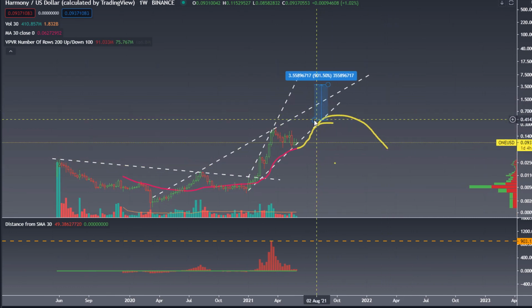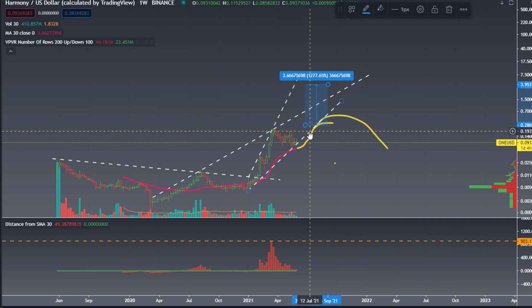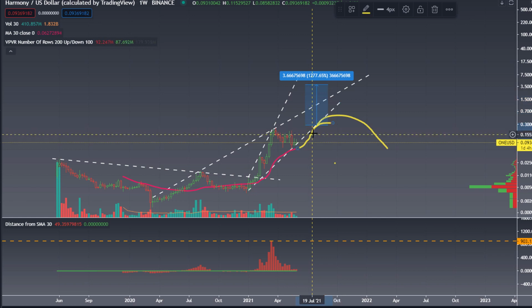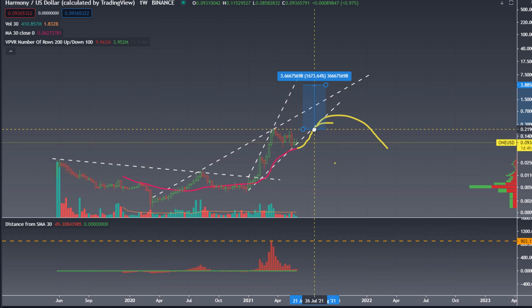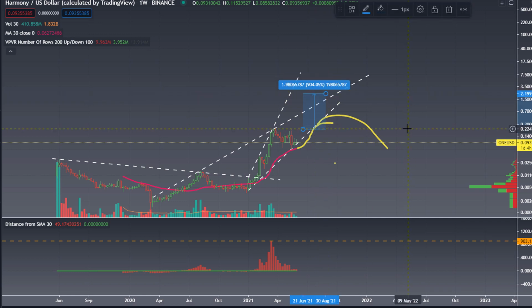Maybe we'll be a little bit more conservative and go somewhere like when it breaks out here, retests and pulls back again. So we'll go somewhere a bit more like that. So maybe more in the plus $2 range for the extreme parabolic reach out.